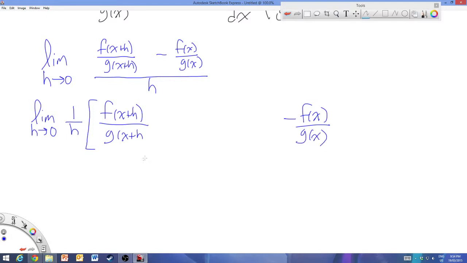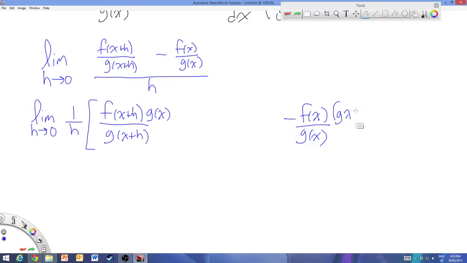Like with any fraction subtraction, I'm going to want to put this over a common denominator. In order to do that, I'm going to have to multiply this term by g of x, and this term by g of x plus h.